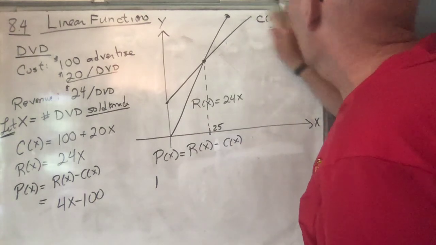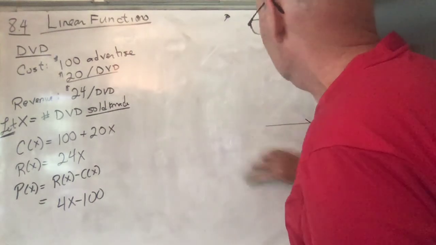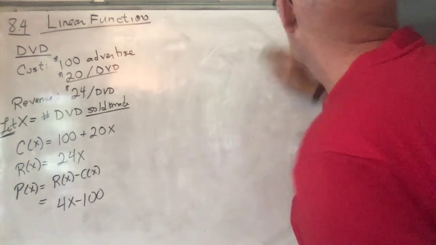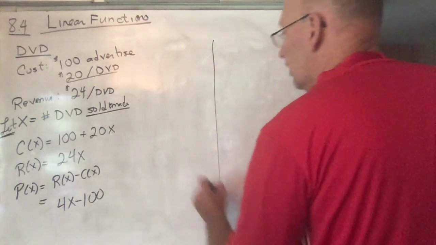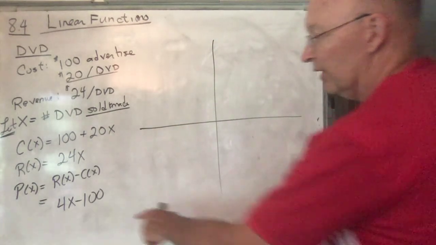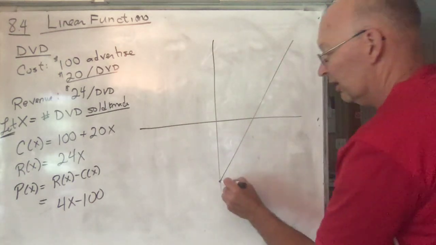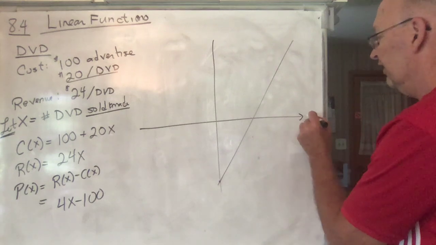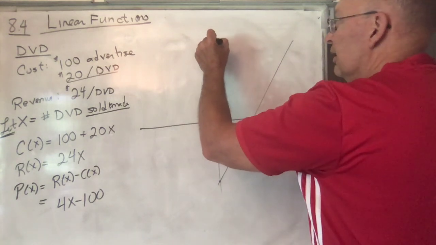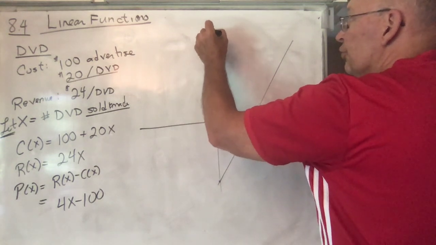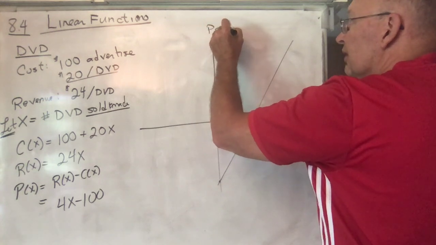So now if you were to graph that, that gives you really everything in one scale, in one graph. So now you have a graph which has a y-intercept of negative 100 and a slope of 4. So again, this is the number that you make and sell, and then this is your profit now. So this is your profit.